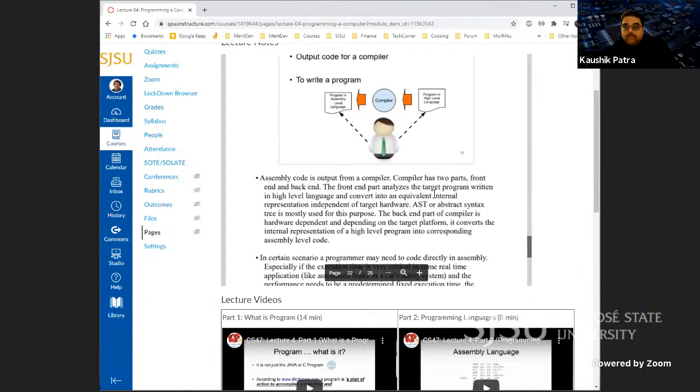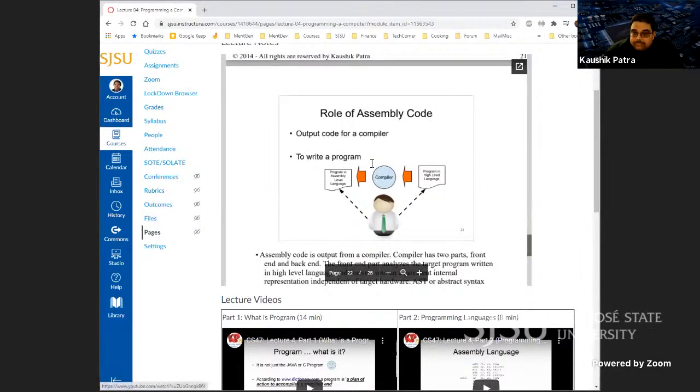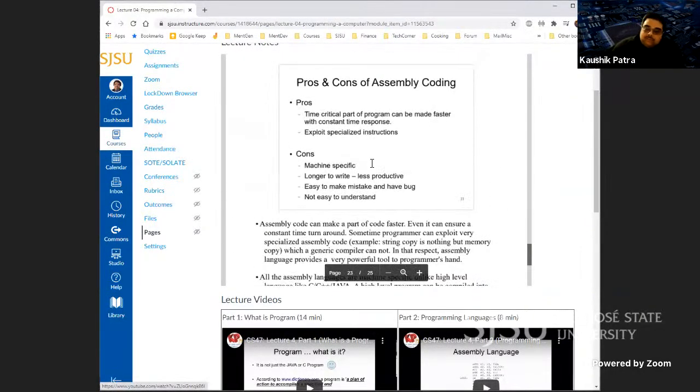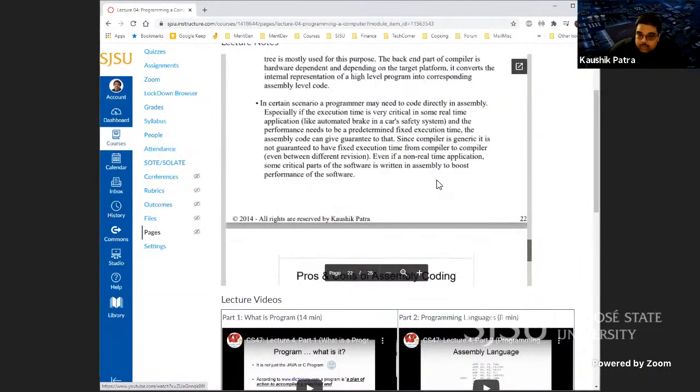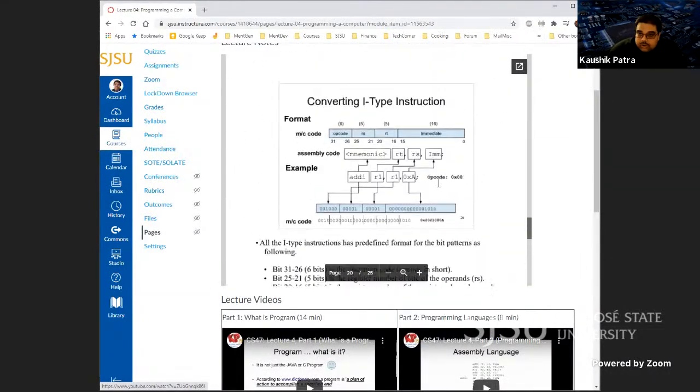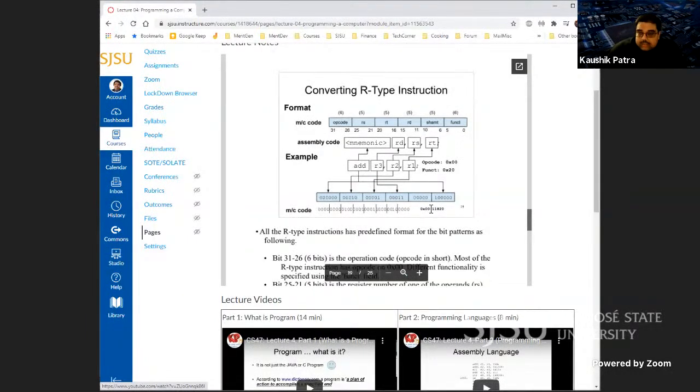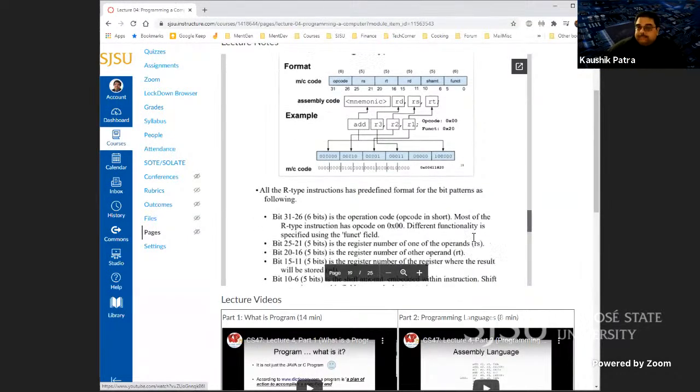And then we look at the role of assembly code in the whole system, and also discuss some of the pros and cons of assembly-level coding. The most important part is the ability to convert and have a clear conception of these machine code formats, and how from a mnemonic assembly statement we can convert it into machine code. That is a very important concept for you to understand.